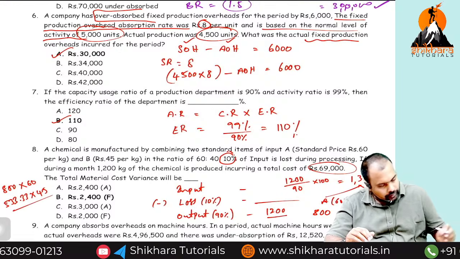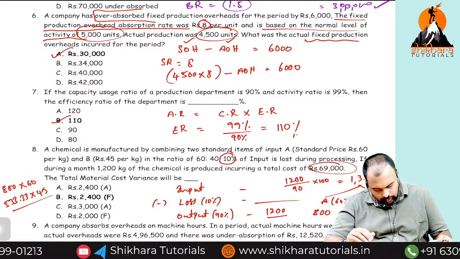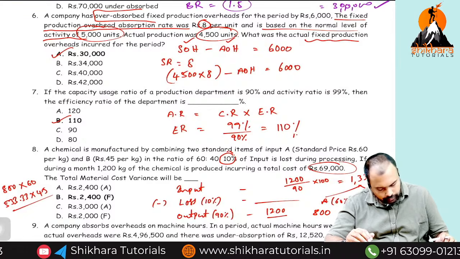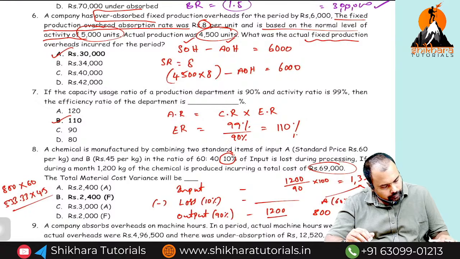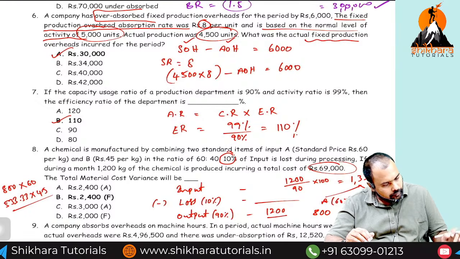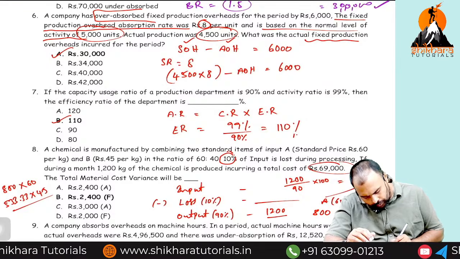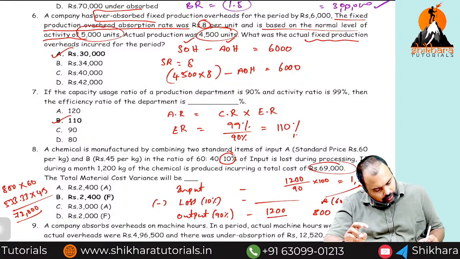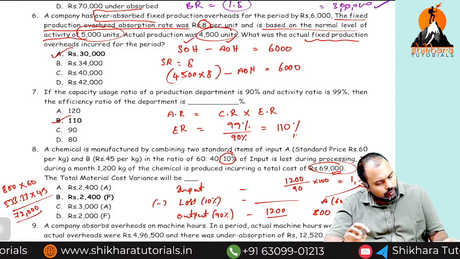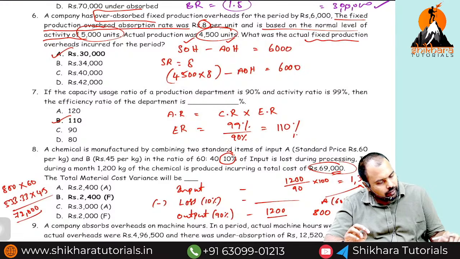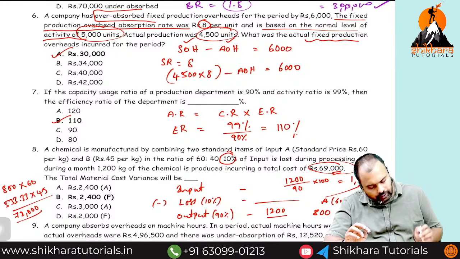So, combinedly, it is 72,000. 72,000 is standard cost and actual cost is 69,000. So 72,000 minus 69,000, which leads to 3,000 favorable.